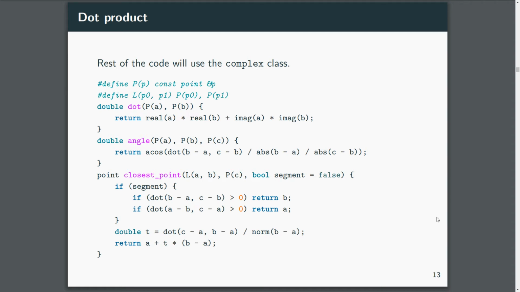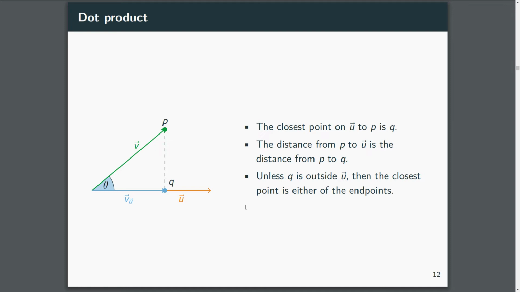Sorry, your two cases were what again? This is the cases for the endpoints. So when the vector here exceeds the length of the line segment here, we go all the way up here, and we're always going to go straight down to the vector.